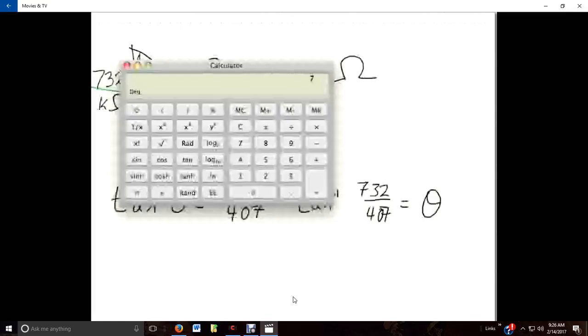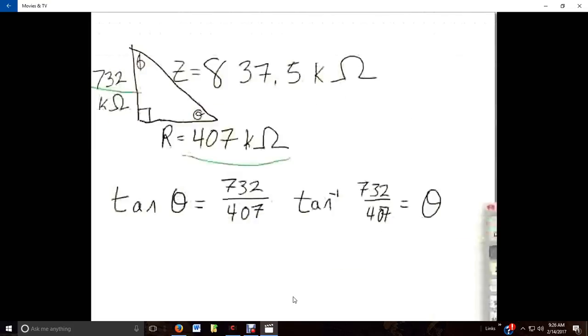So 732 divided by 407 equals, and now I will hit my inverse tangent, and it tells me that's about 60.925 degrees. So 60.9, theta is approximately, I'm going to use this approximately because this is not exact, 60.9 degrees.